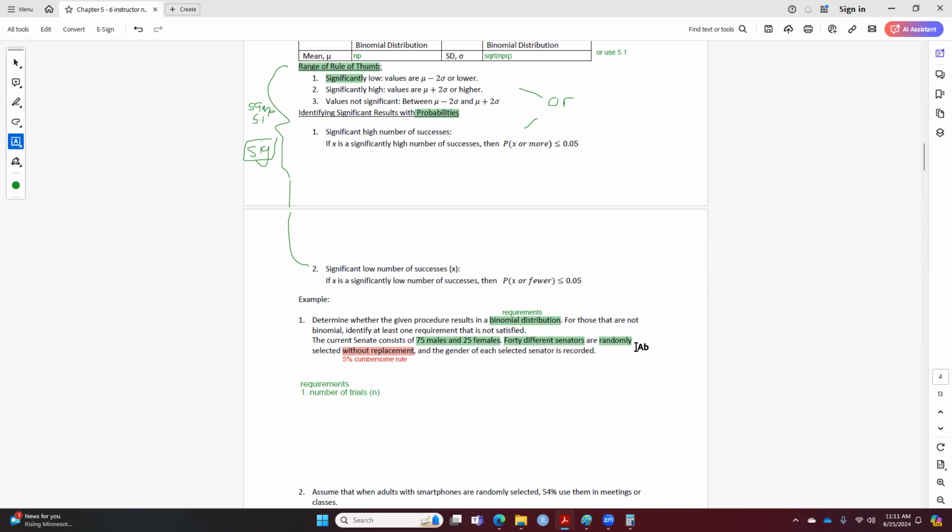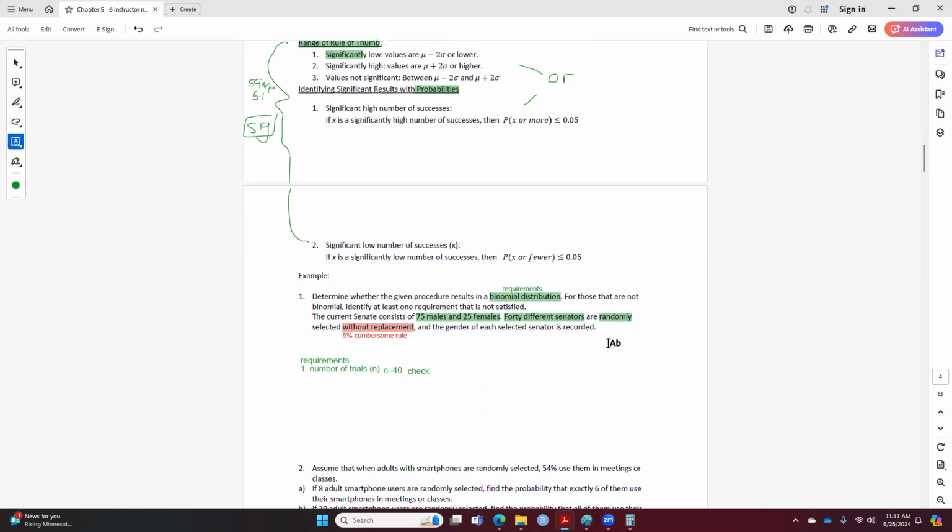Here is the word random, and how many people do we pick? We're picking 40. So our n in this case is 40. Make sure you know that once you hear the word randomly, that is your n.